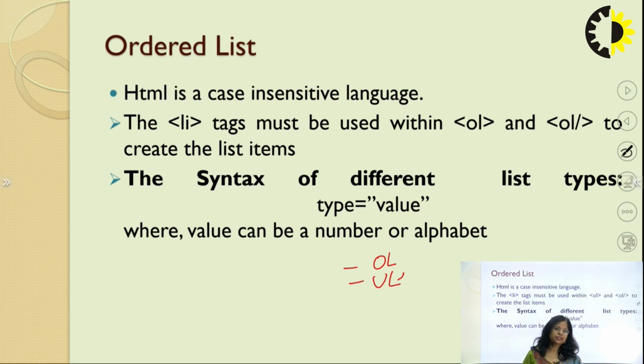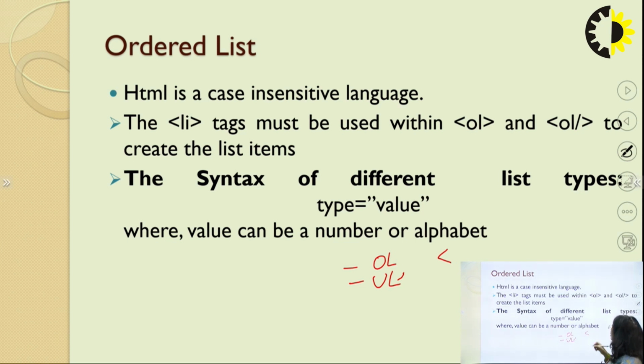So the syntax of using the list is, we just mention the type here. Type here means if we are using the ordered list, then first we have to mention whether it is an ordered list or unordered list.